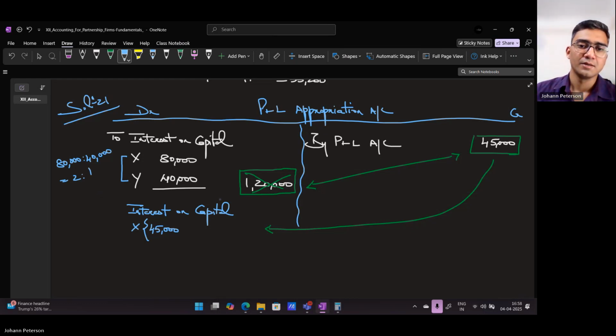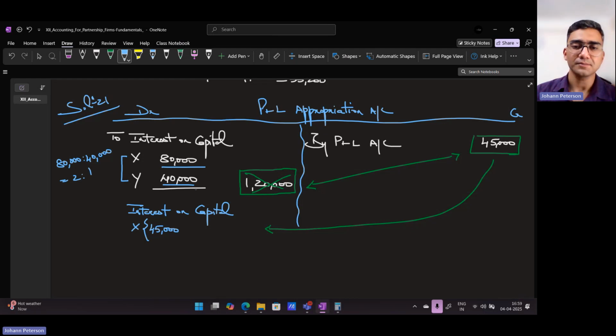So when it was supposed to be given 120, in that case, if I give 120, I would give it in this ratio of 2 is to 1 by giving 80 and 40.